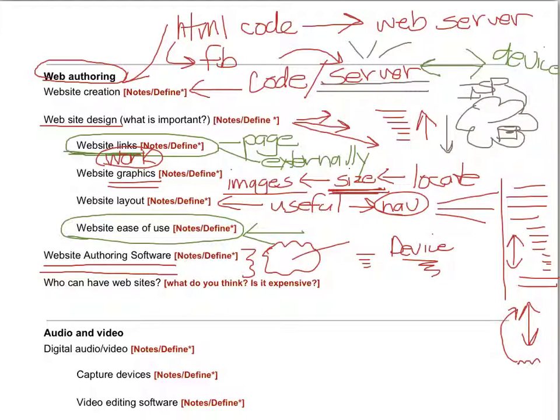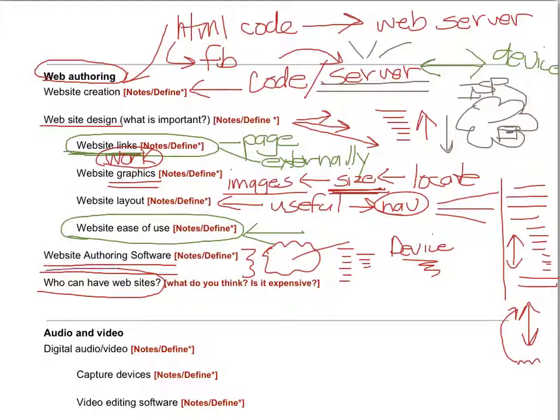Some places do most of it free in the cloud, like Facebook. Facebook helps you organize a web page, and you really don't need to know very much at all about designing websites. And then there's everywhere from that all the way down to getting space on a server and developing your own code and doing it from scratch.